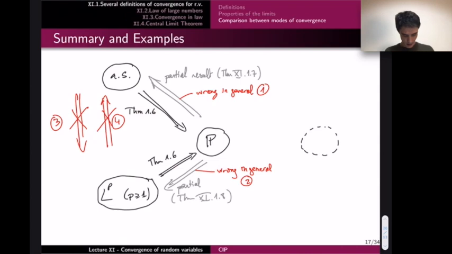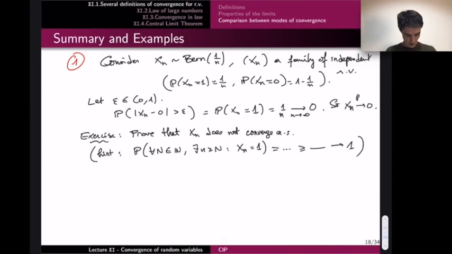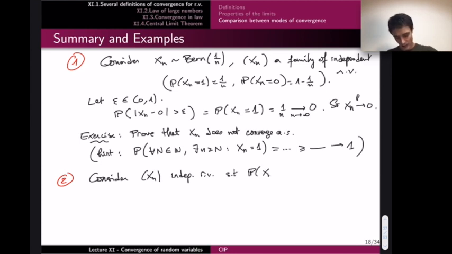So let's now look at the second example. We want a sequence which converges in probability but not in LP. So let's try this. I suggest you consider a sequence Xn of independent random variables such that the probability that Xn is equal to, so again, I will take a sequence which can only have 2 values.